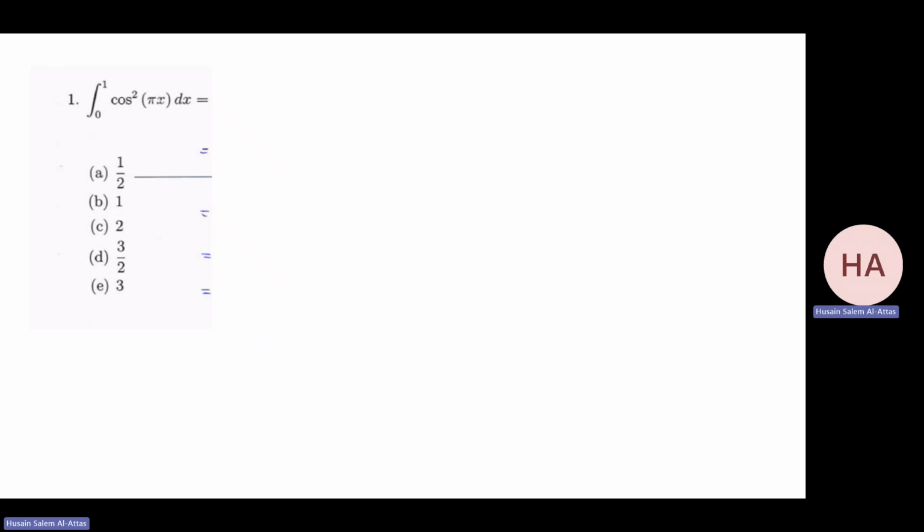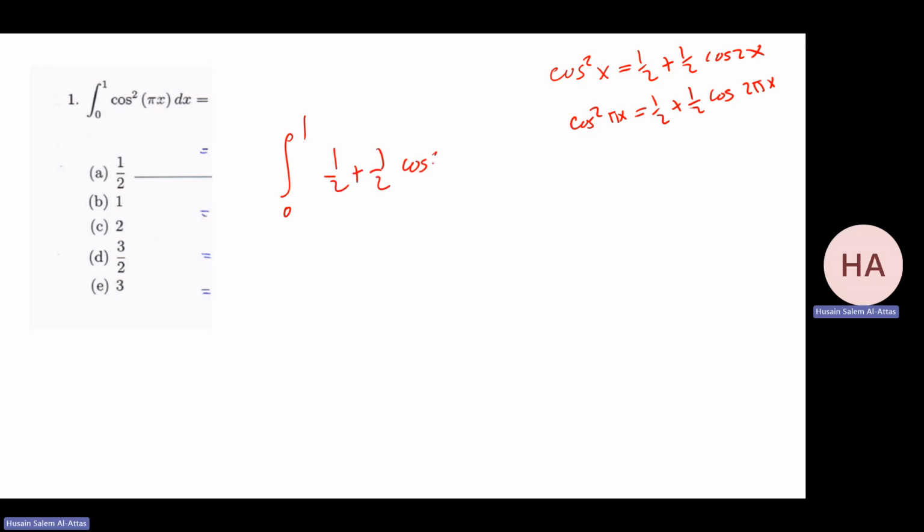What is this? Cosine squared by x. Okay, double angle. So I know that cosine square x is half plus half cosine 2x. So it will be cosine squared by x, half plus half cosine 2 by x. Okay, so that will be the integral from 0 to 1 of half plus half cosine 2 by x dx.